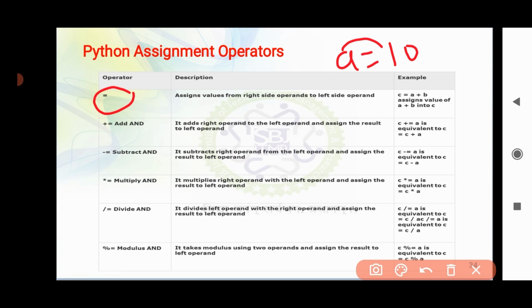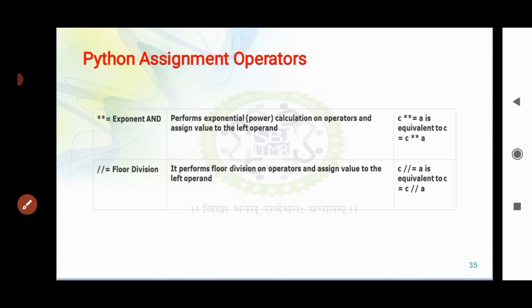Then we have modulus, which takes the modulus using two operands and assigns the result to the left operand. Then the remaining assignment operators are exponent and floor division. Already we have seen this. We'll practice it in a hands-on session.